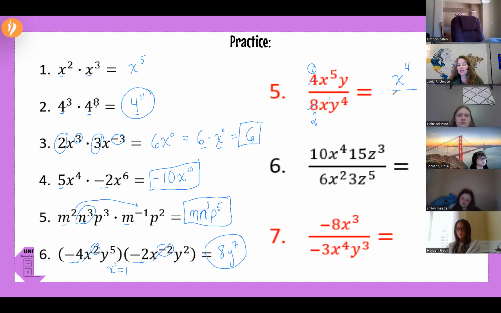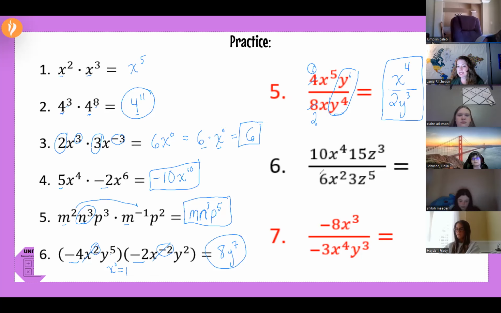We know 2 is in the denominator. And then we have 1 y up here and 4 on the bottom, right? So the difference in 1 and 4 is 3. Since there's the most y's on the bottom, y to the third stays in the denominator. That is our final answer. Do you understand? Okay. All right.